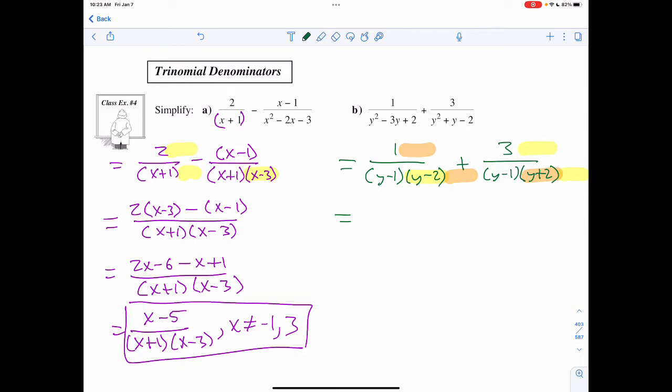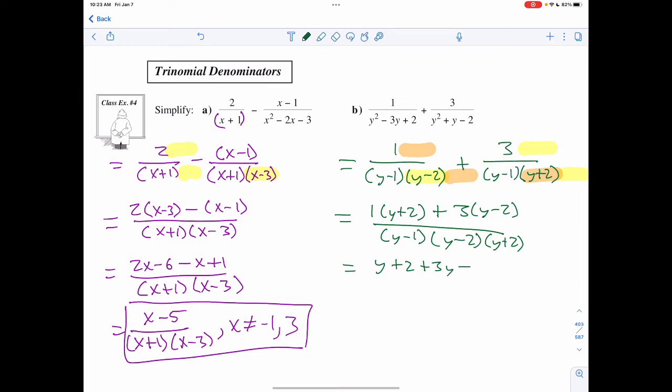So I have 1 times y plus 2 plus 3 times y minus 2 over all the different factors, y minus 1, y minus 2, and y plus 2. This is going to give me y plus 2 plus 3y minus 6 over y minus 1, y minus 2, and y plus 2.